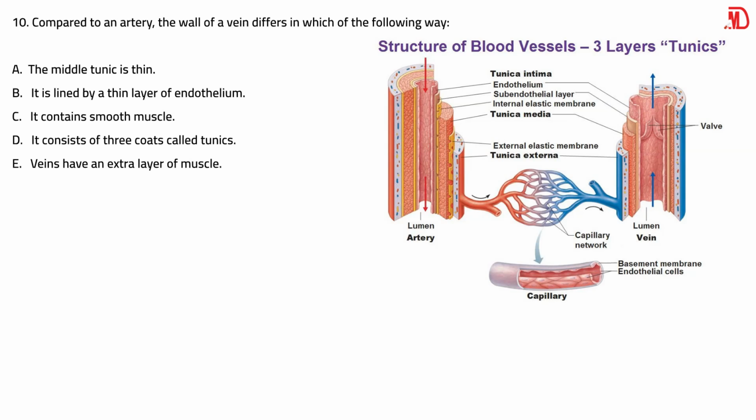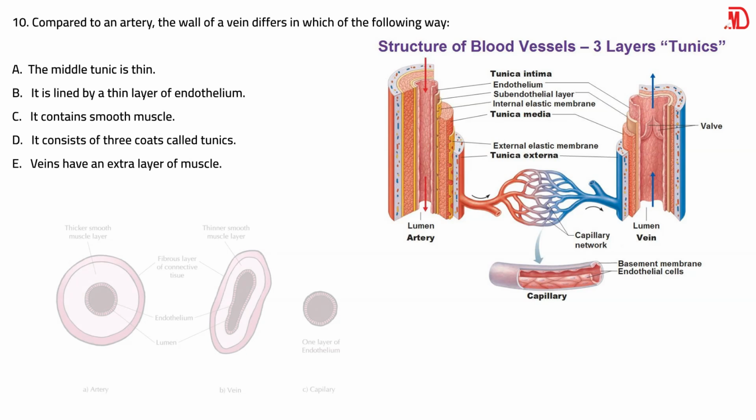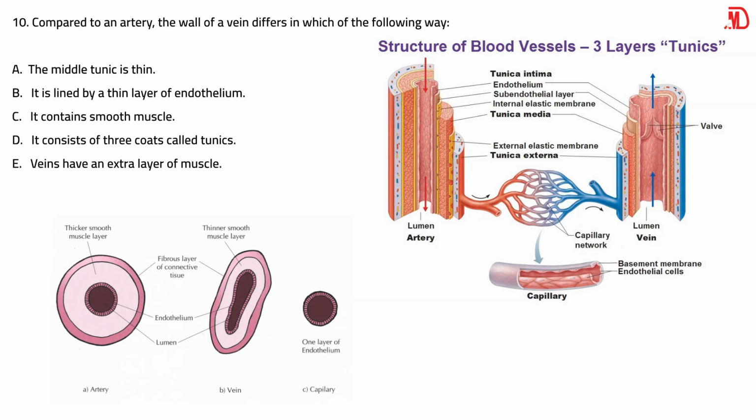Now the differences. Arteries have thick middle tunic or layer, whilst veins have thin middle layer or tunic. Arteries have thin external layer, whereas veins have thick external layer.